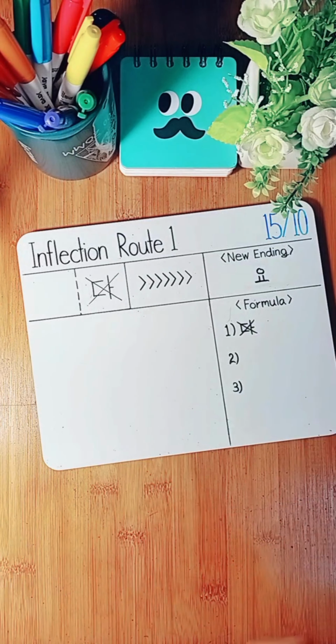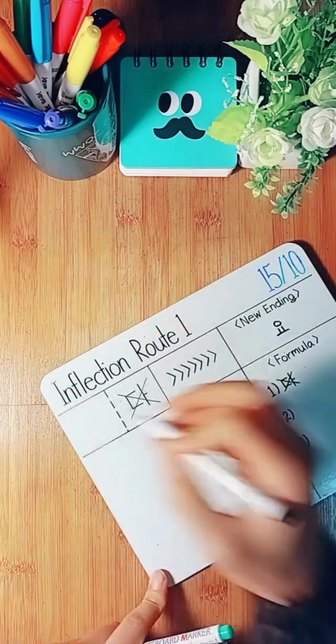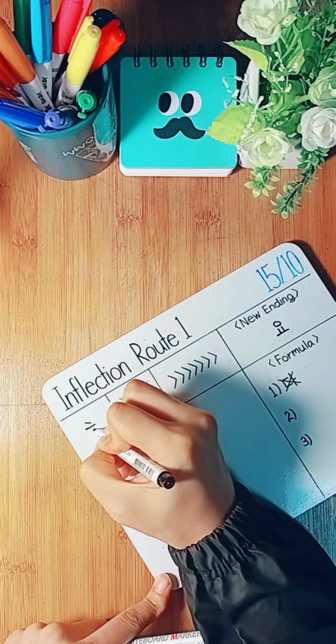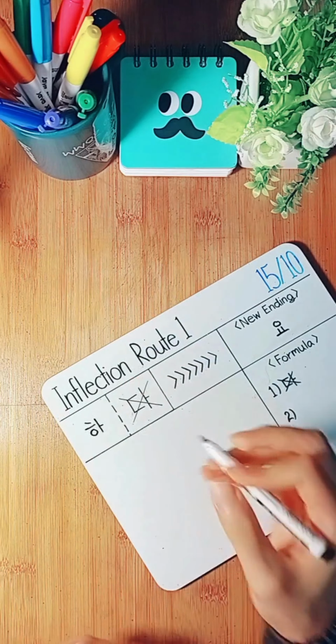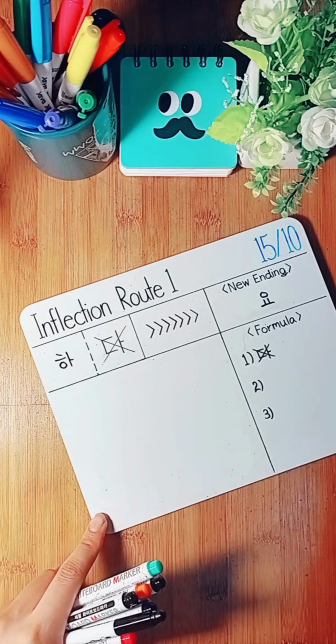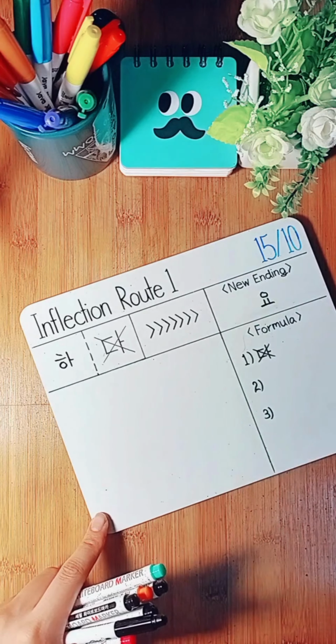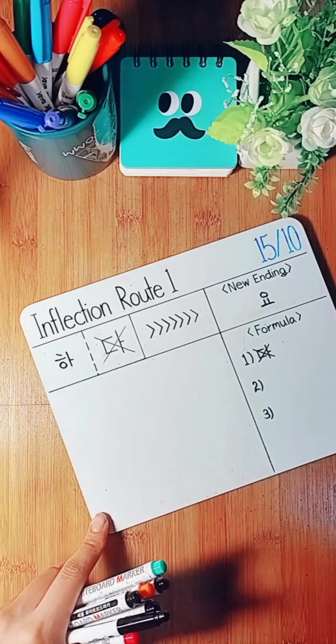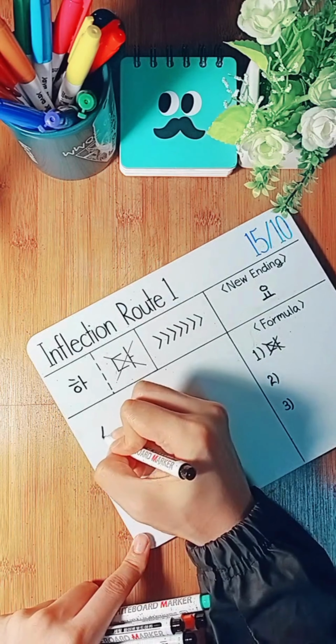Exactly. Okay, so what are the rules within inflection route number 1? If I'm just going to say it in its actual form, present tense, it means that I'm going to give it the yo ending, right? Which belongs to inflection route number 1. So what are the rules within inflection route number 1?